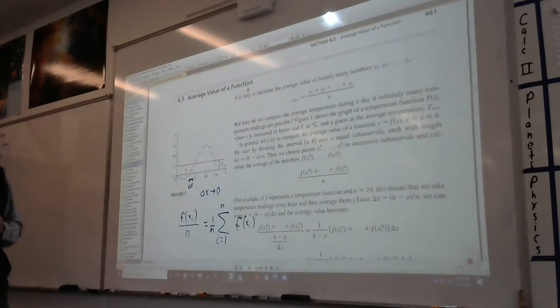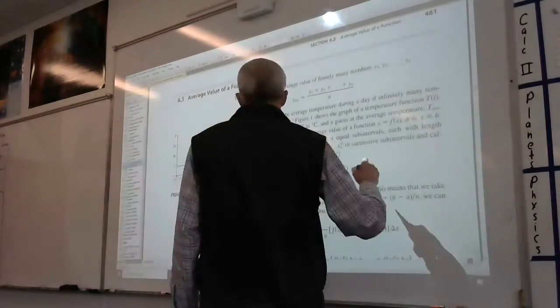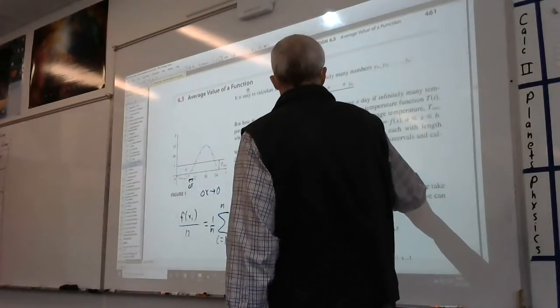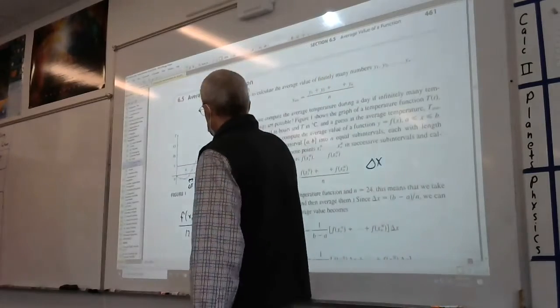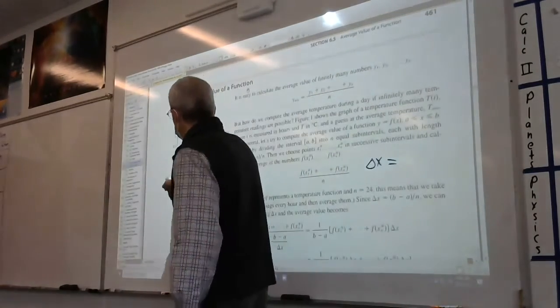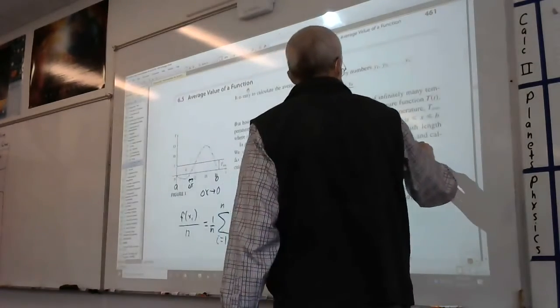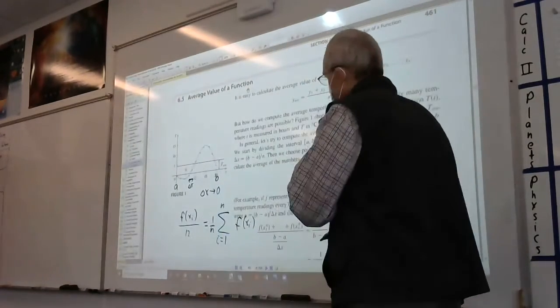Since delta x, the width, is b minus a over n, we can write, okay, yeah. Delta x, the width of our interval, from the beginning a to b, is b minus a divided by the number of points.